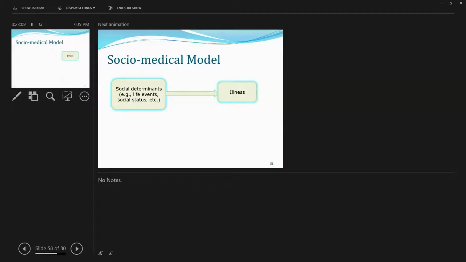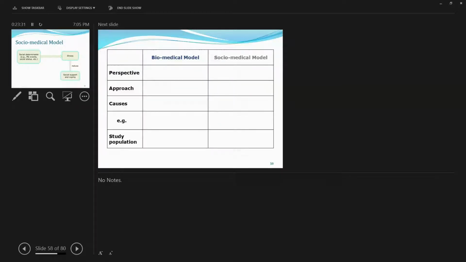So here again we have the illness. What are the causes? Under investigation, social determinants like life events, social status, and availability of resources. So how to reduce exposure, how to treat disease: social support and coping.